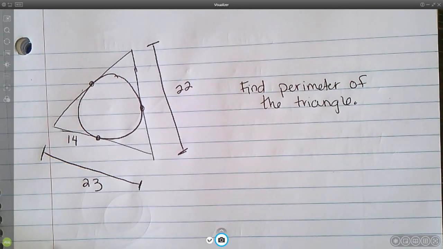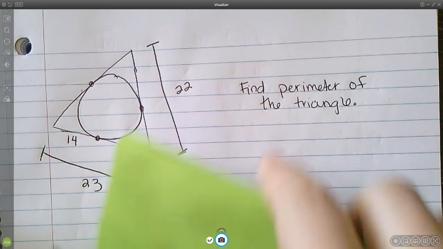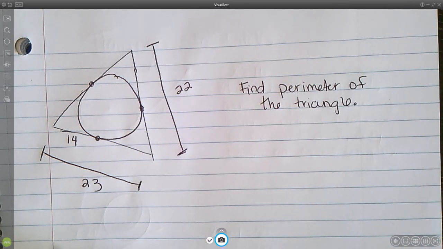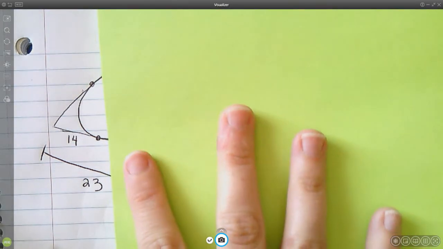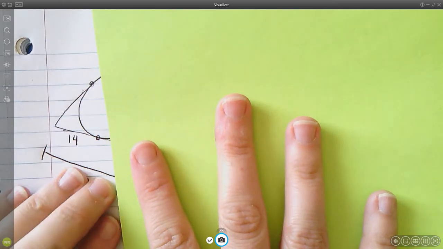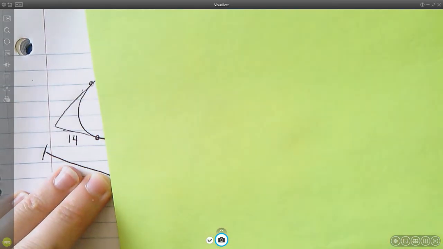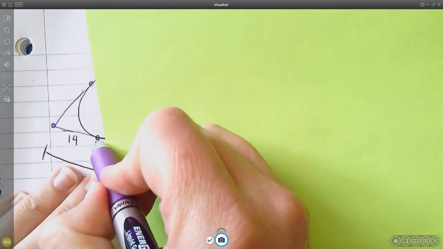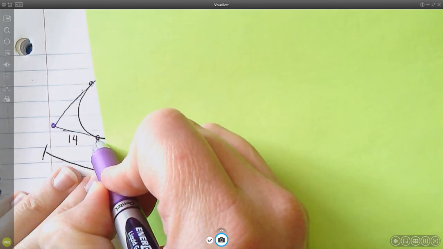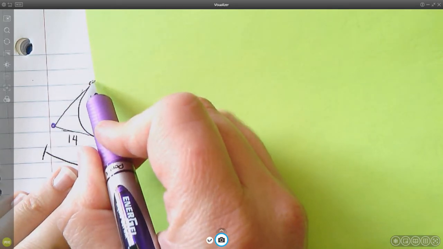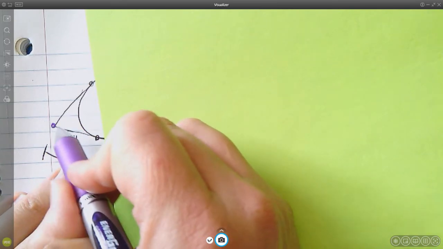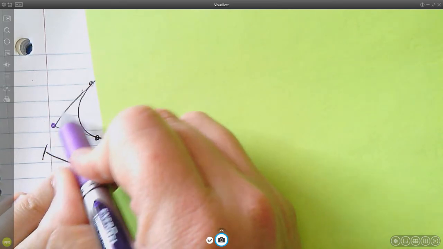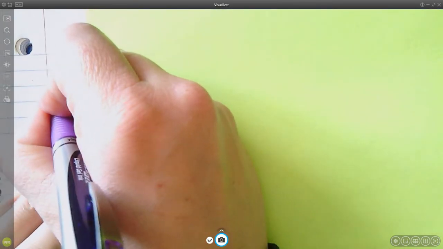Okay, so the easiest way to look at this: if I cover this part up and cover this up, we can see that we have an outside point and it goes to a point of tangency, and this one goes to a point of tangency. So you know that this length is the same as this length. So this is 14.